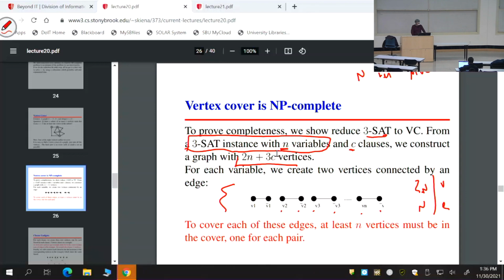If I give you a satisfiability instance where there's n logical variables on it, not all of them will make it true, but how many different ways can you flip those variables to true or false? How many ways? 2 to the n.